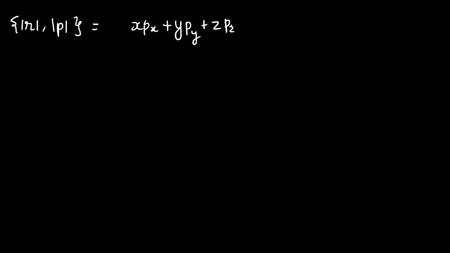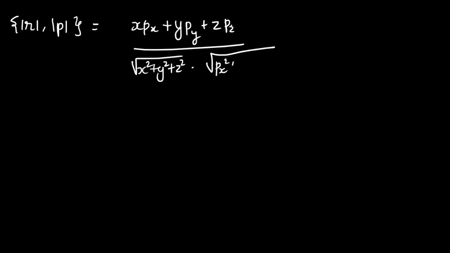So our equation will now become, after differentiating and then substituting, our equation will be like this, the whole divided by root over x square plus y square plus z square dot root over px square plus py square plus pz square.